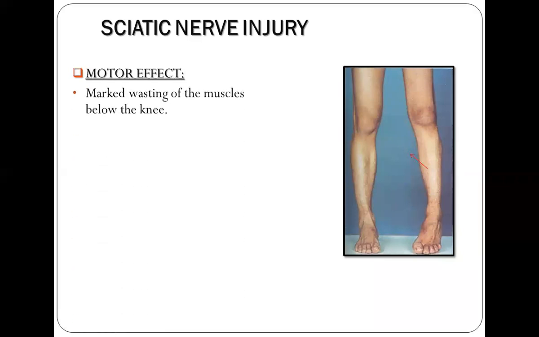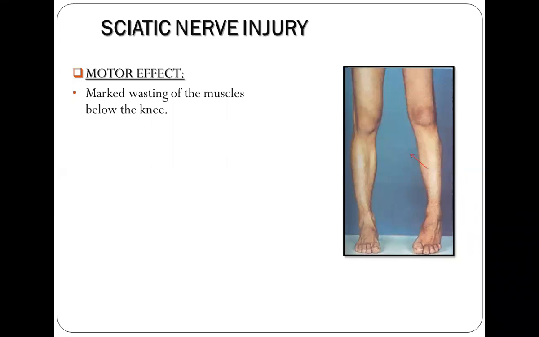The motor effect, you can see, because of paralysis of muscles, there will be wasting of muscles below the knee. So now sciatic nerve, you all know it divides into tibial and common peroneal nerve. In the thigh, the tibial component supplies the hamstring muscles, whereas the common peroneal nerve supplies the muscles below the knee.